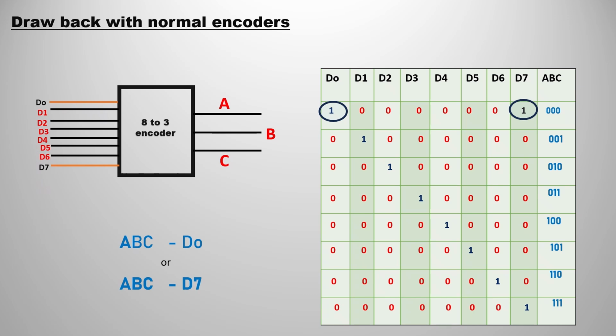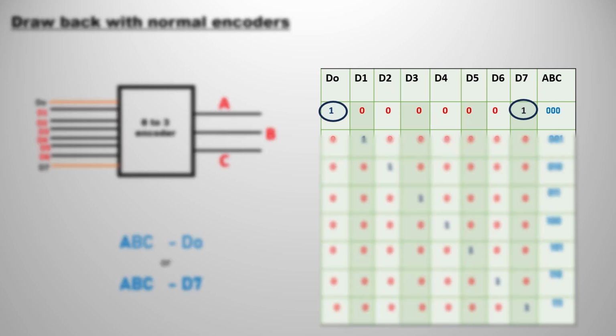If I am sending two active lines, active in D0 and active in D7, then what output would be selected? Either 0 0 0 will be output, that is D0, or ABC would be D7, that is 1 1 1. If you observe in the truth table clearly, when I pass two ones at a time, it will select D0 or D7. That is the confusion in the normal encoder.